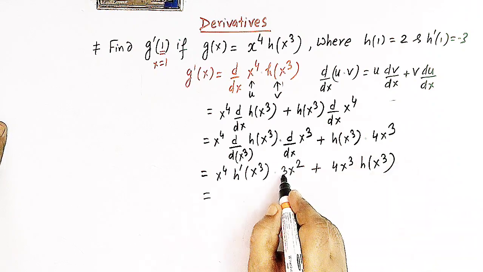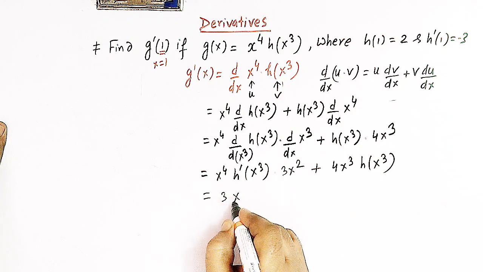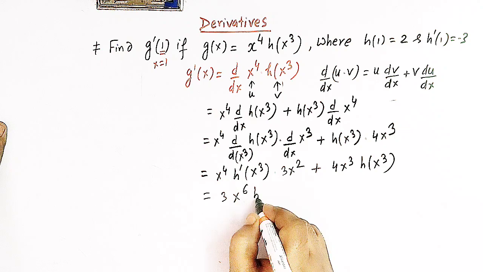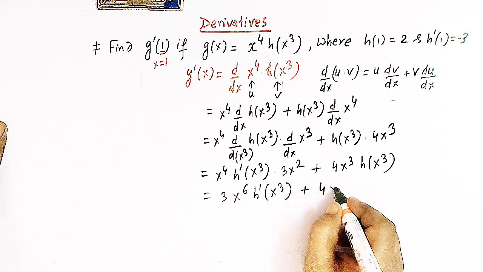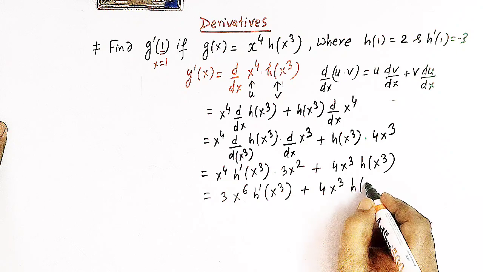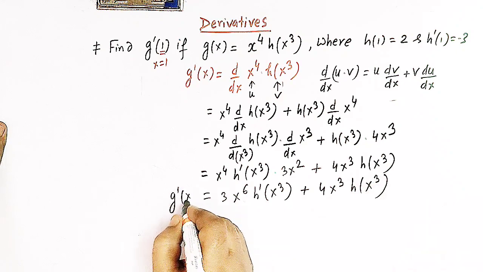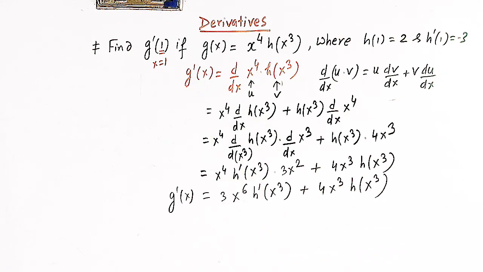Now we can write this expression as 3 times x raised to 6, since 4 plus 2 is 6, times h prime of x cube, plus 4x cube times h of x cube. So this is the derivative of g of x.